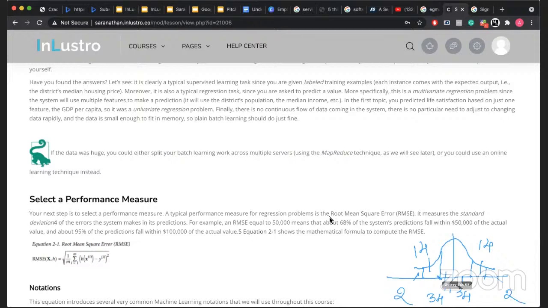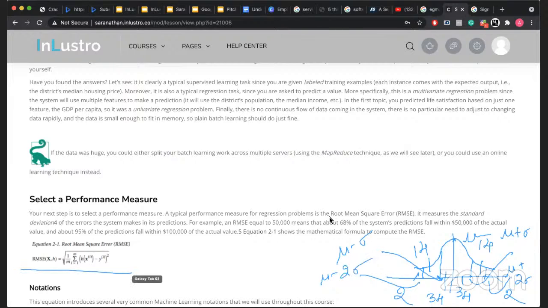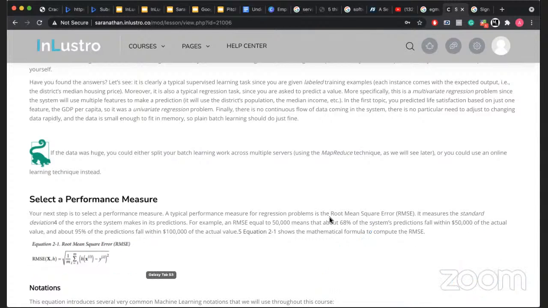So this is the mean, and then we usually have mean plus 1 standard deviation here, and mean plus 2 standard deviations here. Right? So this is the formula of the root mean square error. Hope this is clear. So let's move on further.